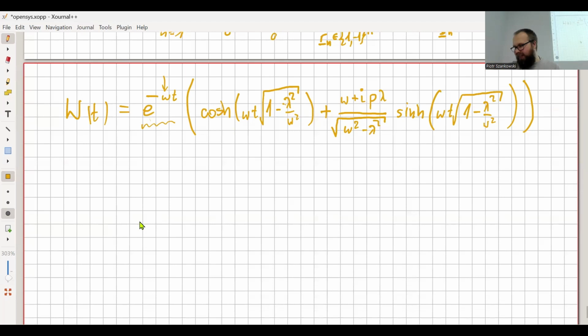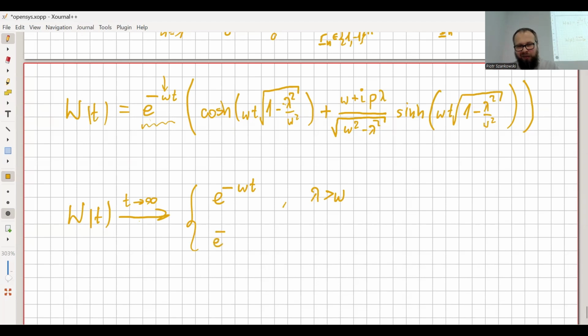But whatever the case, the long time behavior of W, you can investigate it on your own. As time goes to infinity, you get either exponential decay, which is true when lambda is larger than W, when the hyperbolic sine and cosine turn into oscillatory functions.